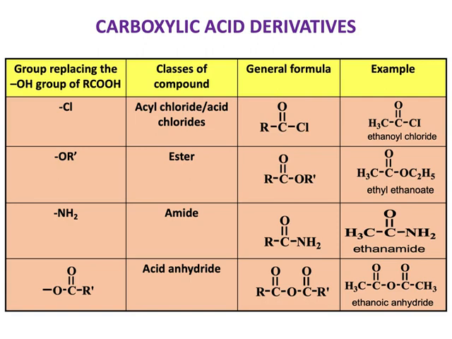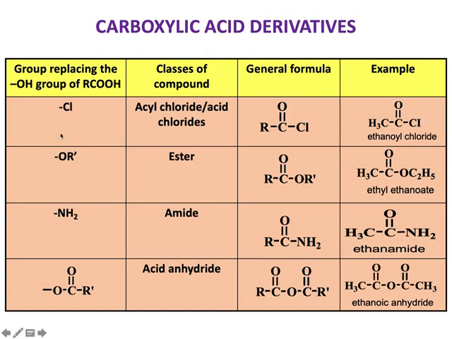For this one, we focus on chloro, so it becomes acyl chloride. RC double bond O is acyl attached with halide, we choose chloride. So that's why the name for this general formula is acyl chloride, or we call it acid chloride.